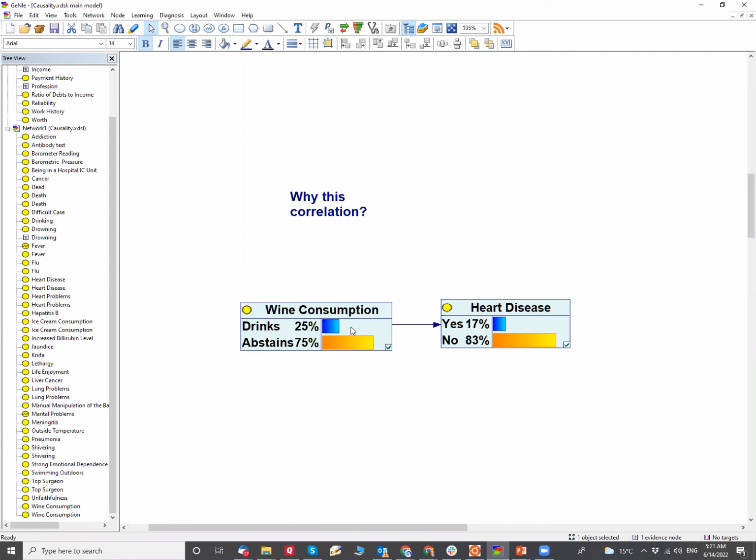So if you drink in moderation, you have a lower probability of heart disease. By the way, all the numbers in this model are mine, from my head, so you don't need to trust the numbers. But the qualitative dependencies, the correlations, dependencies, they are real. We know about them. If you abstain from alcohol consumption, the probability of heart disease goes up.